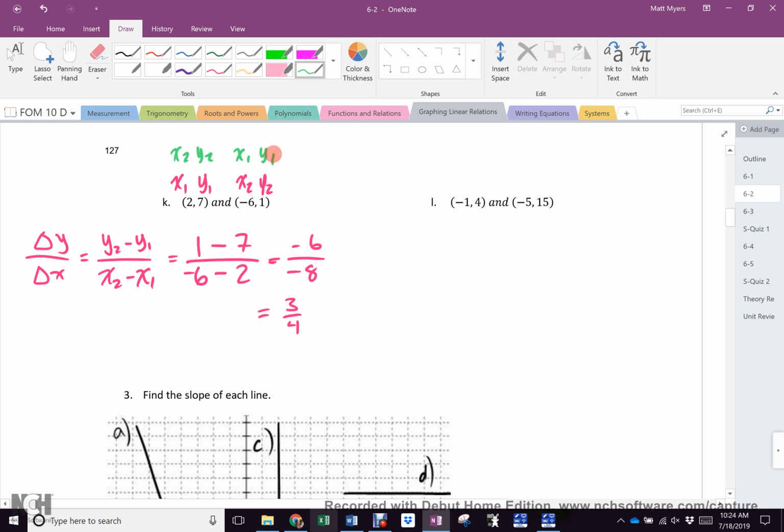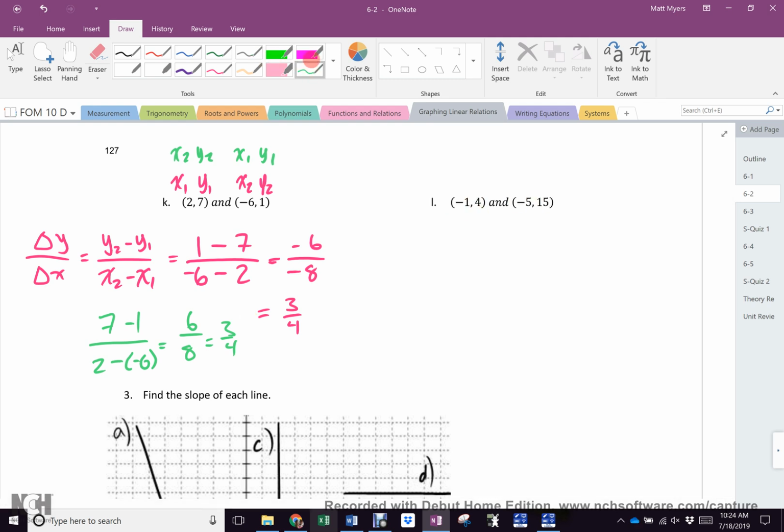And you would get 7 minus 1 over 2 minus 6, which is 7 minus 1 is 6. 2 minus 6 is 8, which is 3/4, which last I checked equaled 3/4. Always some kid, I don't want to do it the way you want to do it. Fine, kid. Do what you want.